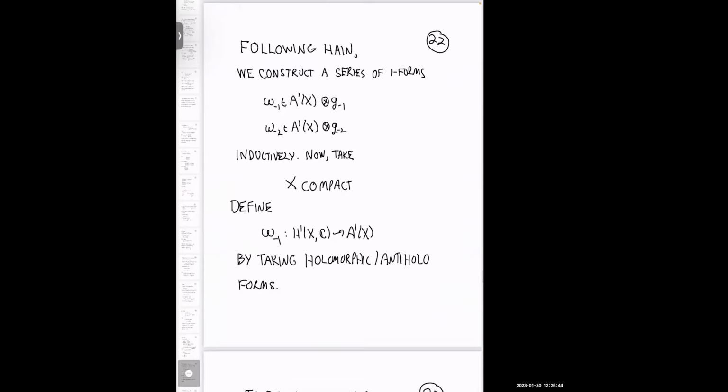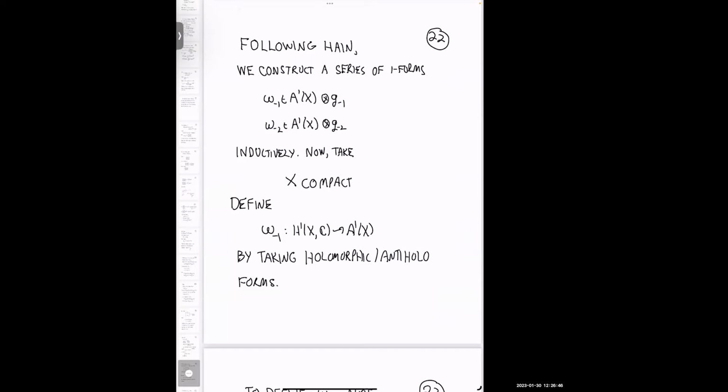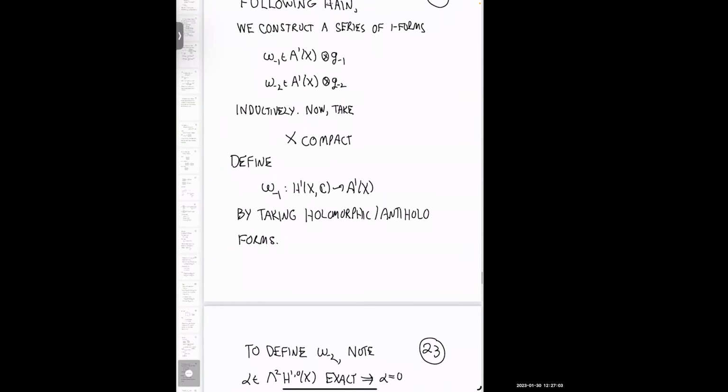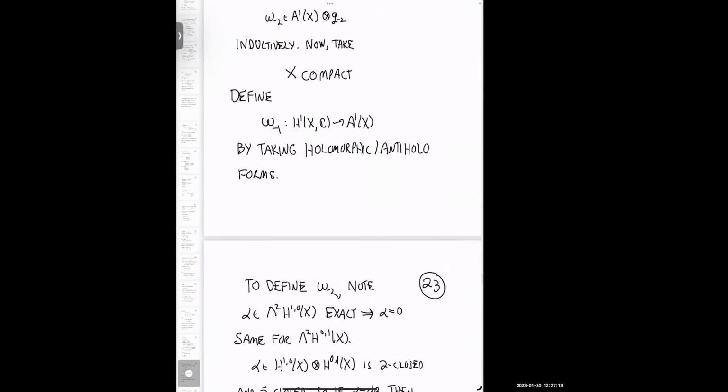So now we, following Dick, construct a series of one forms parameterized by G-1, G-2 inductively. And if X is compact, then we just take the holomorphic and anti-holomorphic forms to give us our omega minus 1.